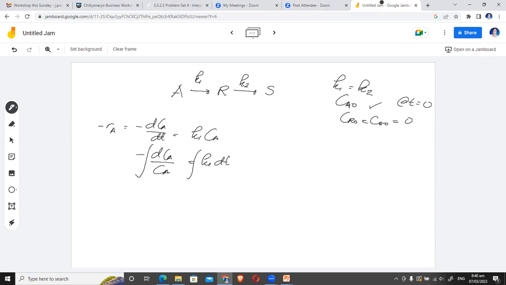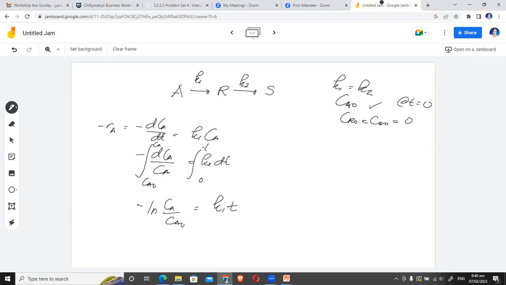If you integrate, you start with CA0 and go to CA, and from 0 to t. We have done this in class, so this is just an exercise for mastery. So you have ln of CA over CA0 equal to negative K1 t.